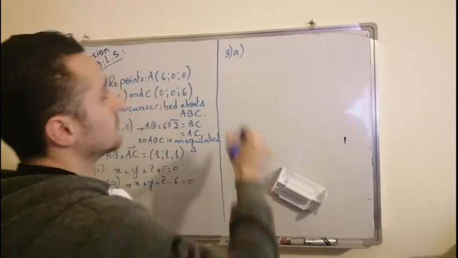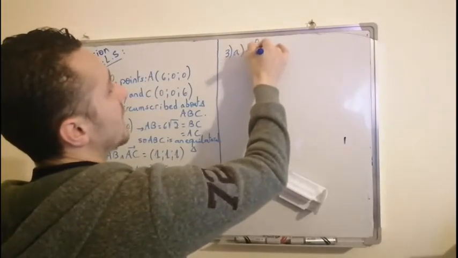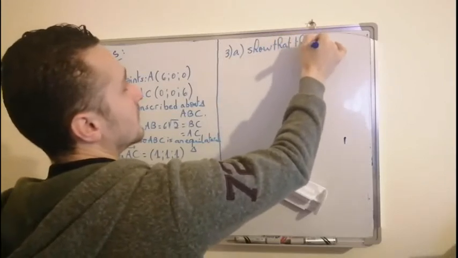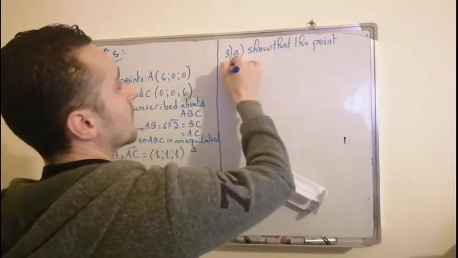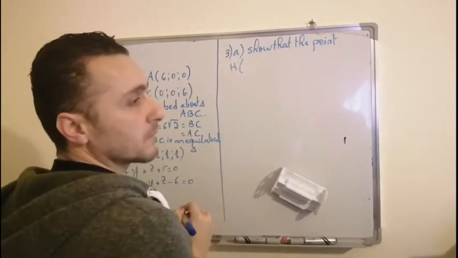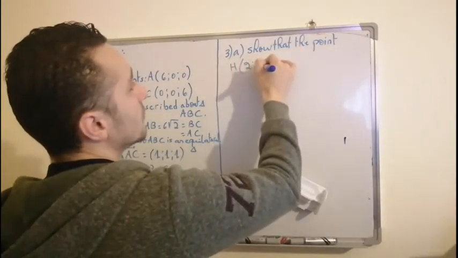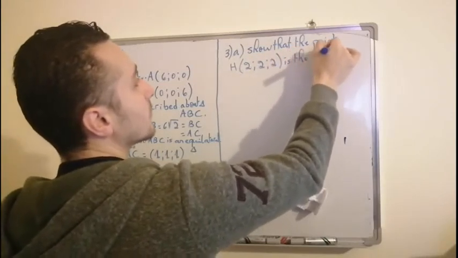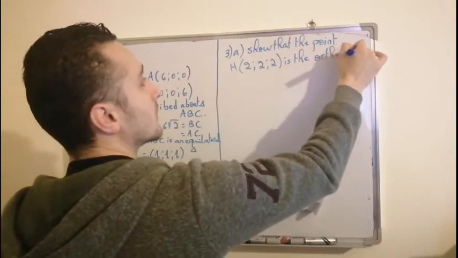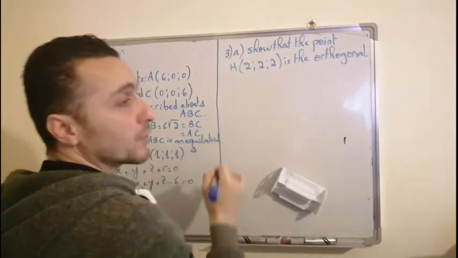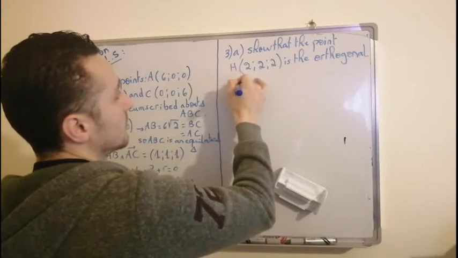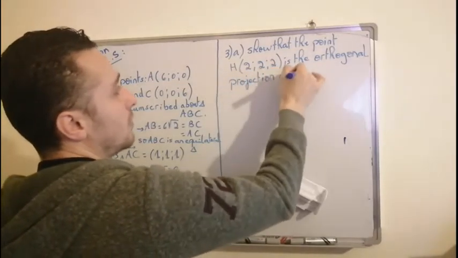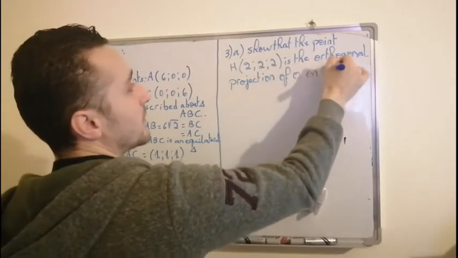Show that the point H of coordinates (2, 2, 2) is the orthogonal projection of O on the plane P.